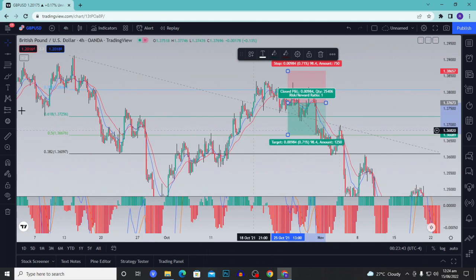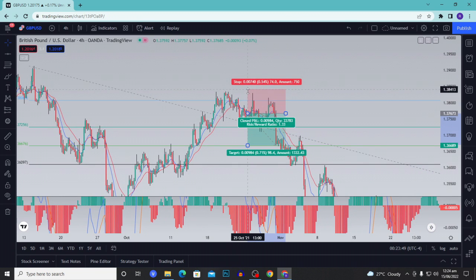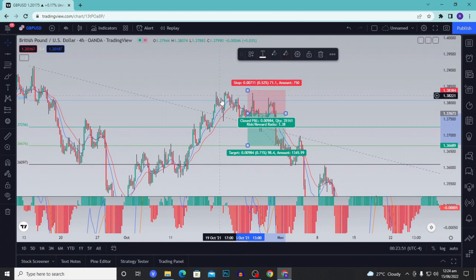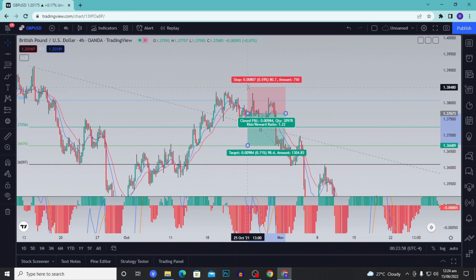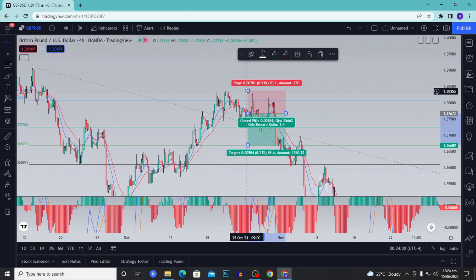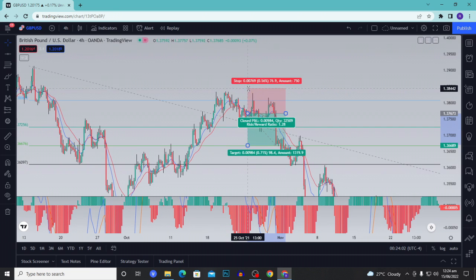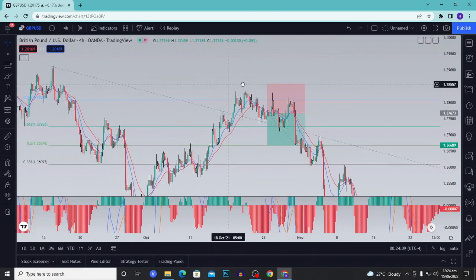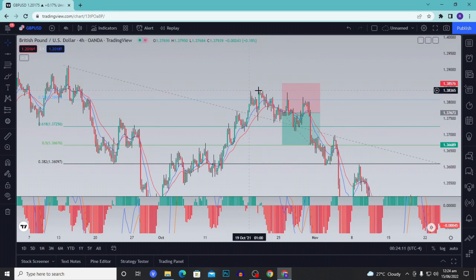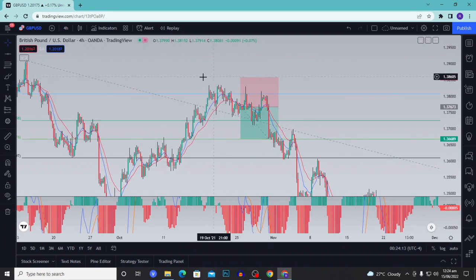and since price retraced all the way back to our 0.786 again, our stop loss can either be above our previous high right here for a 70 pip stop loss, or we can be a bit more safe and set our stop loss for 90 pips, a good bit above our previous high.